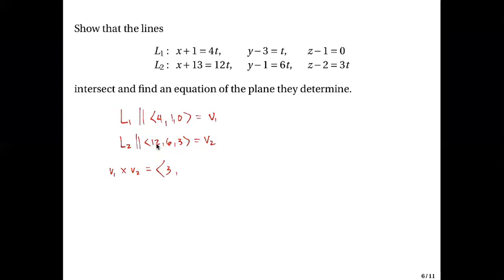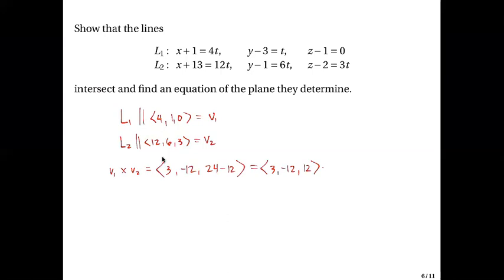Then here you have 12 times 0, that's 0, minus 4 times 3, that's -12. Then 4 times 6, that's 24, minus 12 times 1, that's 12. So we will have 3, -12, and 12.